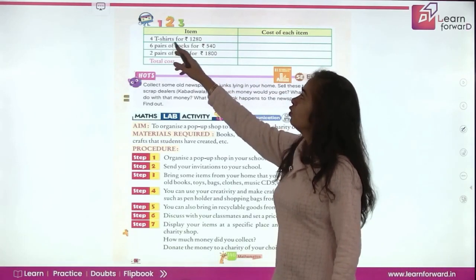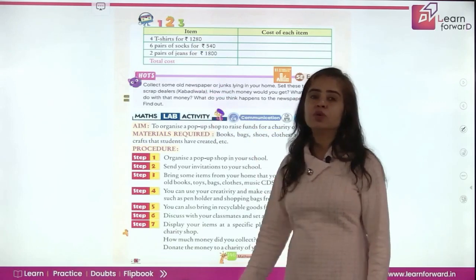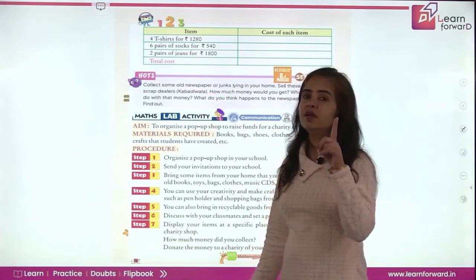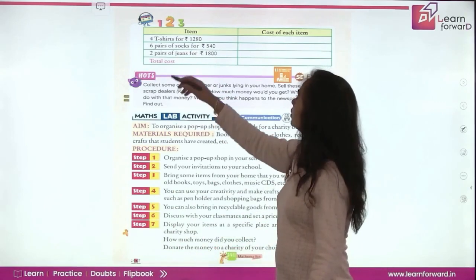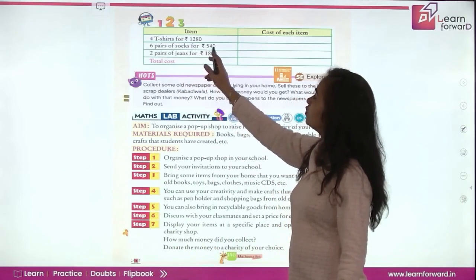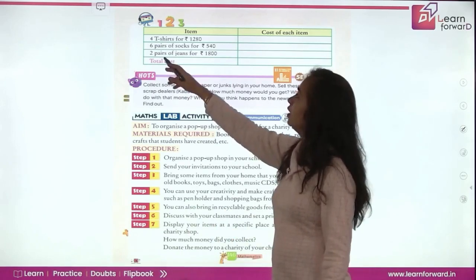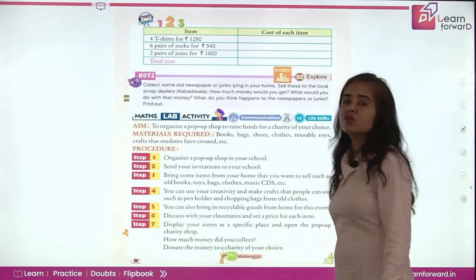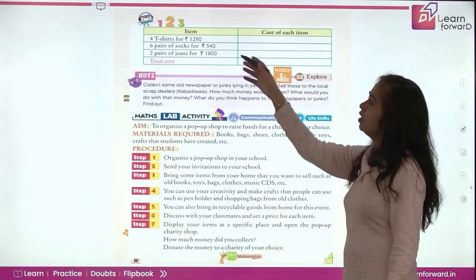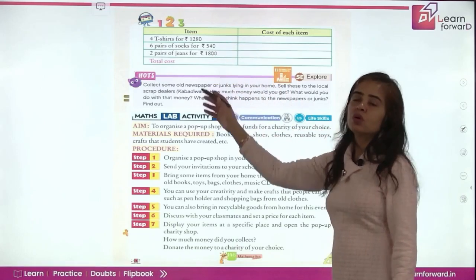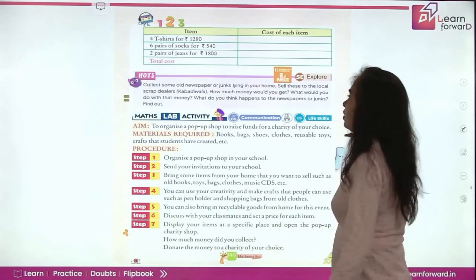This is 4 shirts for rupees 1,280. So what is the price of one? Divide and find out. 6 pairs of socks for rupees 540. Again, divide and find out for one. And similarly, you will be finding the cost of 1 pair of jeans. And then you also have to find the total cost of all the items they have purchased.